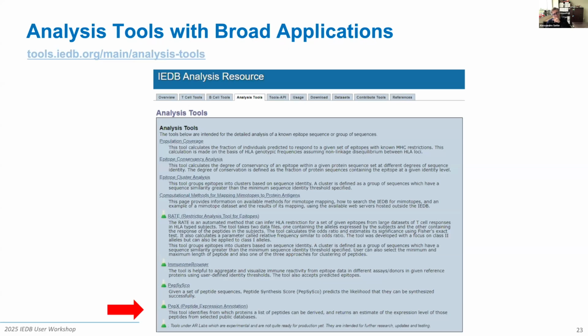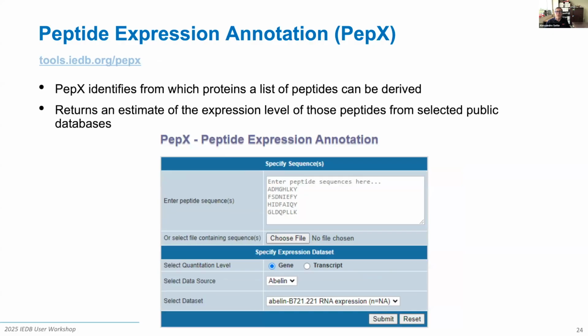Finally, another tool that has been generated looks for data on the estimated expression level of those peptides.